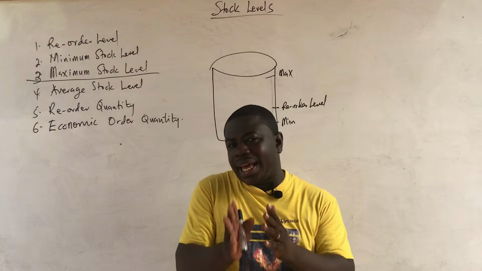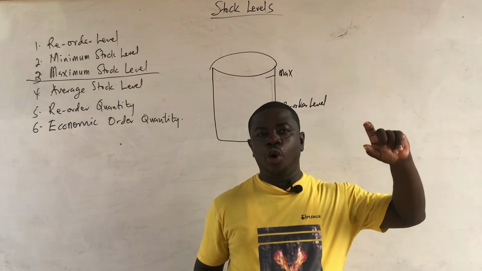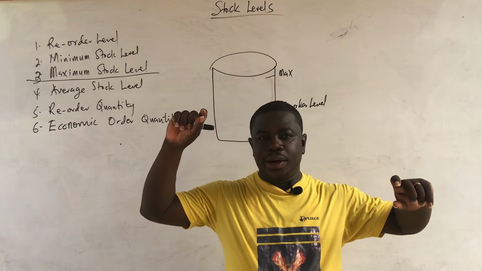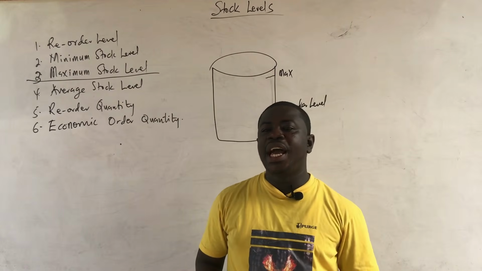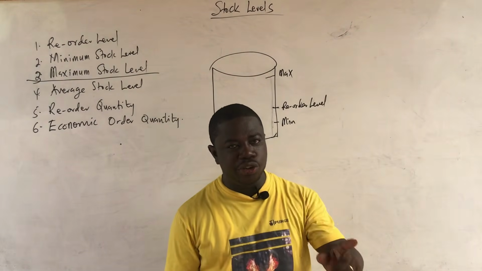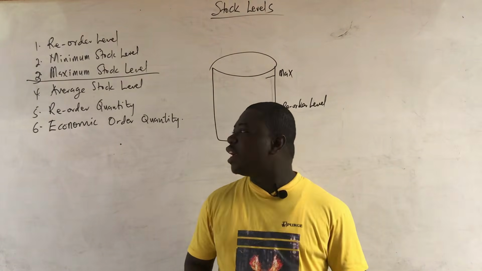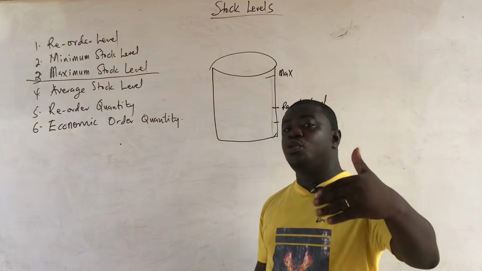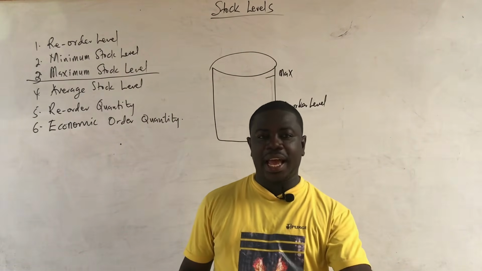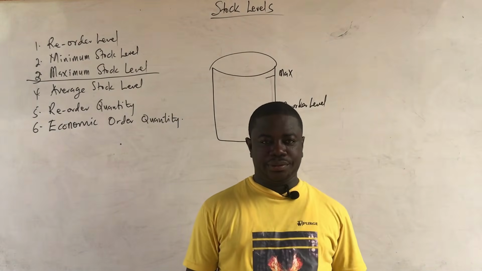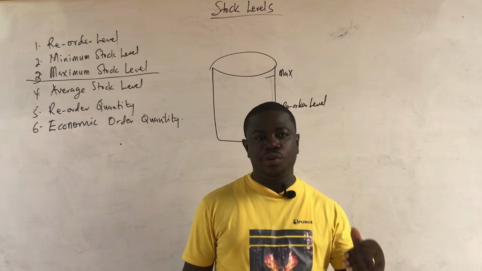And so what is the balance between a situation where your holding cost and your ordering cost will come to the barest minimum, so that we say that maybe at 120 units or at 100 units or at 50 units, this is the lowest cost we will incur? In other words, if at this reorder level we order 100 units, the next reorder level we order 150 units, another reorder level we order 120 units.